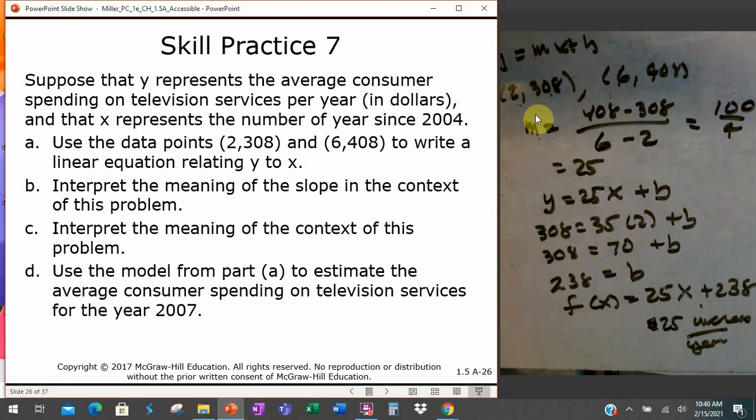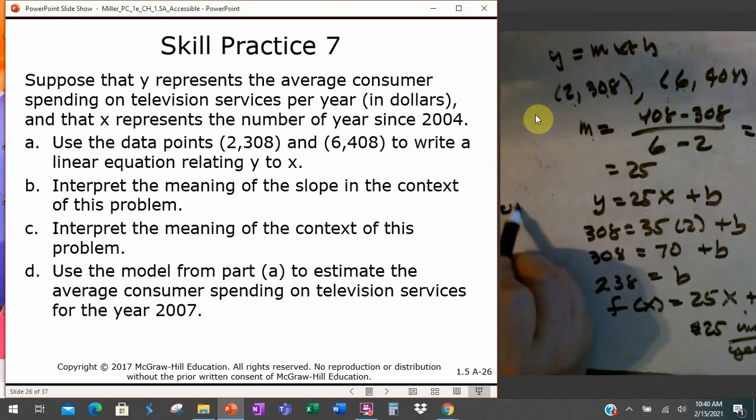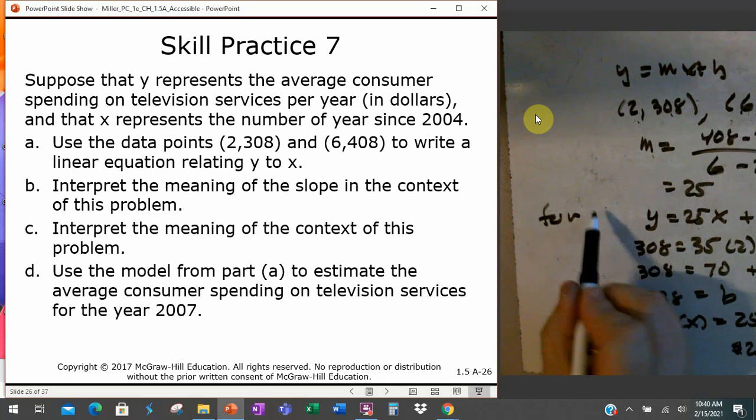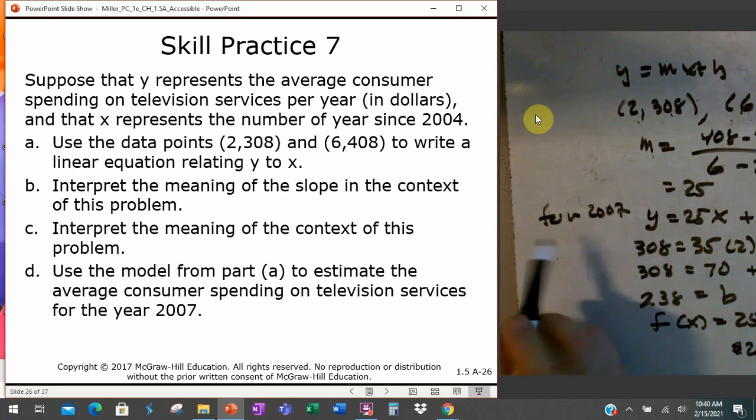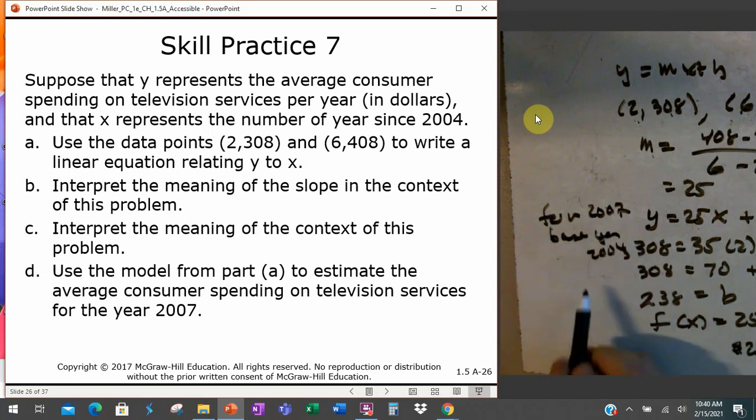Then use the model from Part A to estimate the average consumer spending on television services for the year 2007. For 2007, the only thing we have to remember is the base year. The base year was 2004. How many years past that? 2007 minus 2004 is 3.